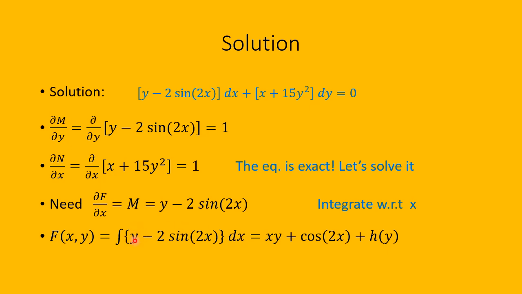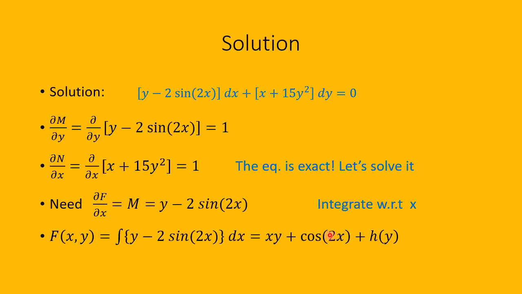Remember, we're treating y as a constant when we integrate because we treated y as a constant up here when we differentiated. So the integral of y with respect to x is xy. The integral of minus 2 sine 2x with respect to x is cosine 2x.